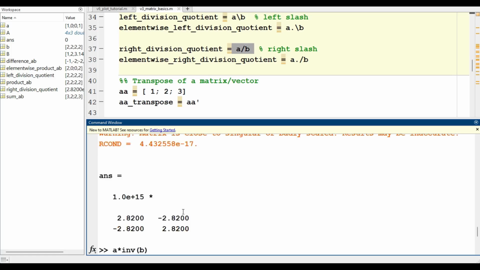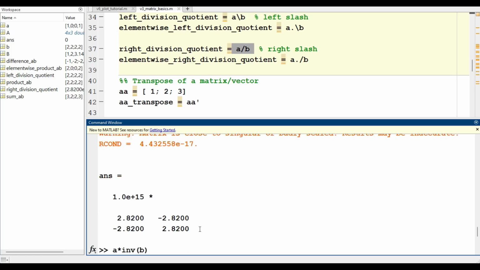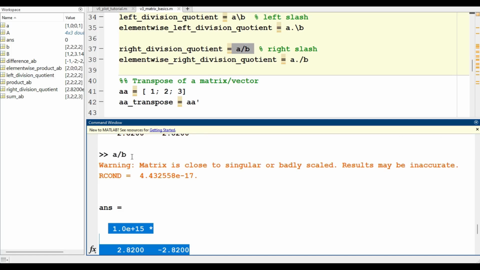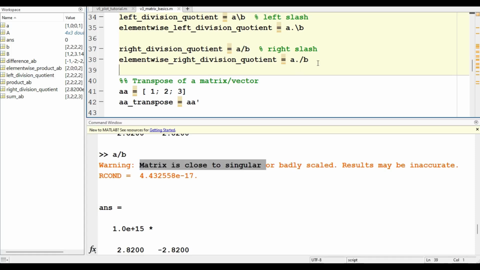But the division command is having some error in the values, therefore it is giving us the result even for the case when we are doing the right division, but it is giving us a warning that the matrix is close to singular or badly scaled. So that is not of much use to us.